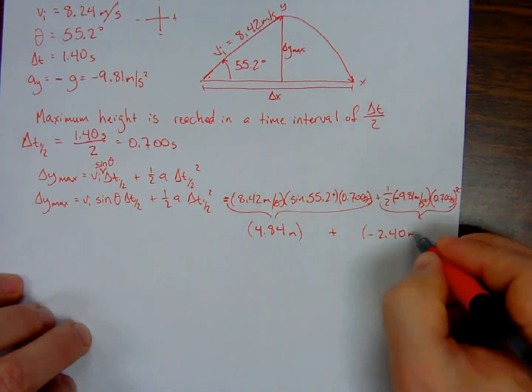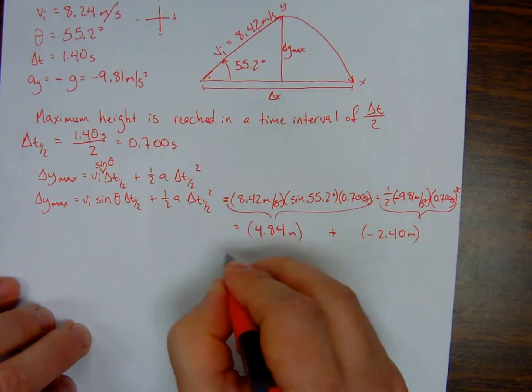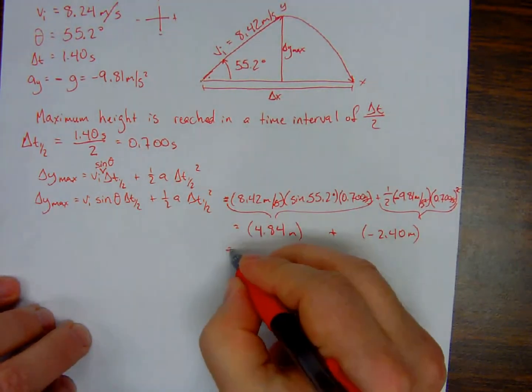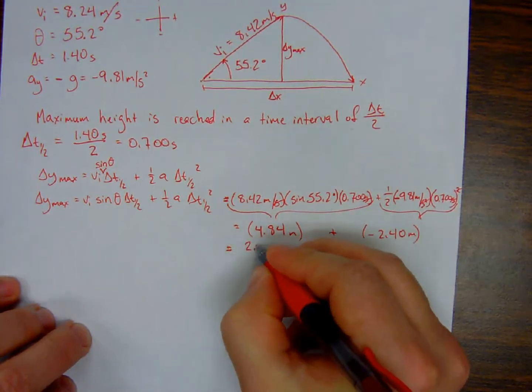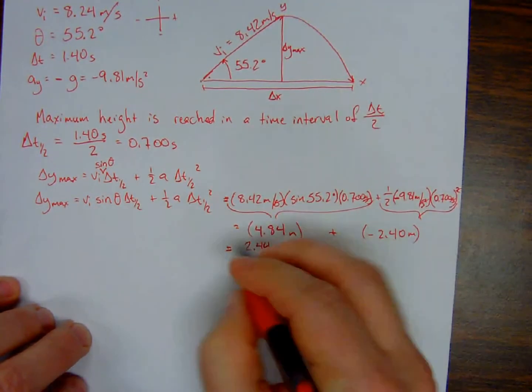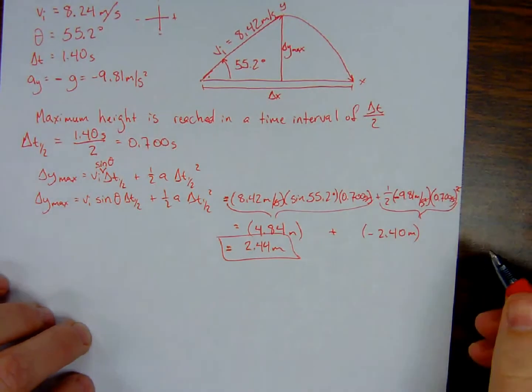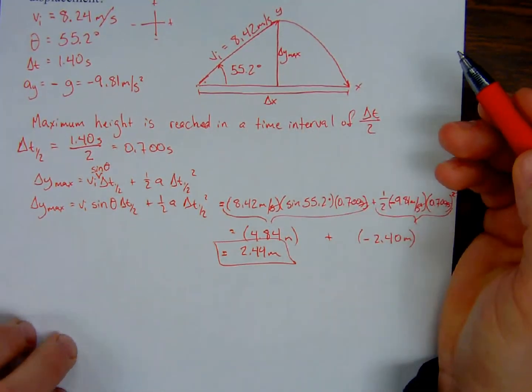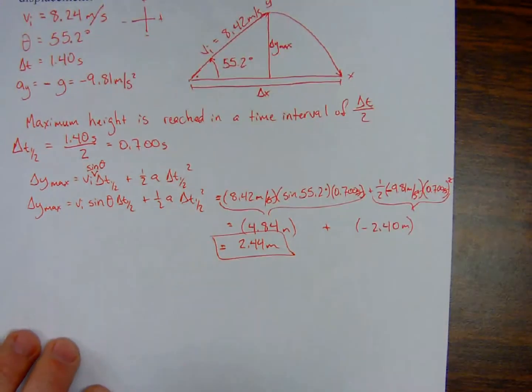Okay, but we have a second part of the question. What was the kangaroo's horizontal displacement? So we are going to be using the same kinematic equation, but we're going to be going in the x direction here.